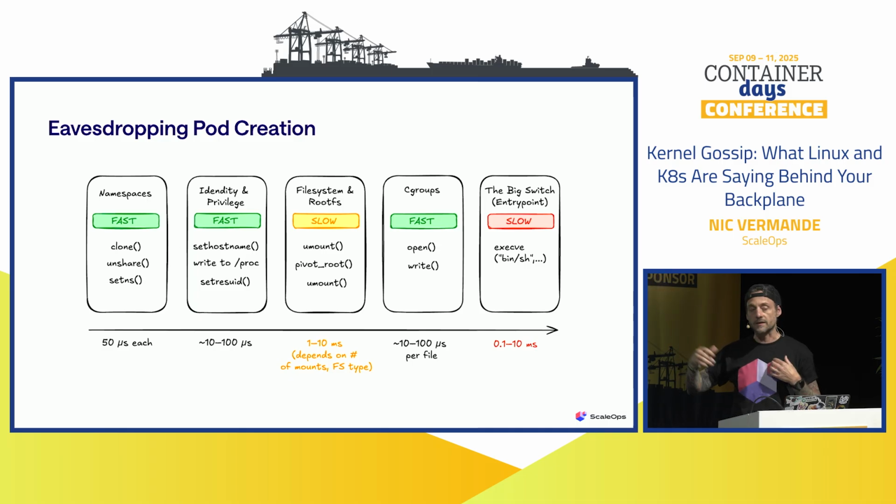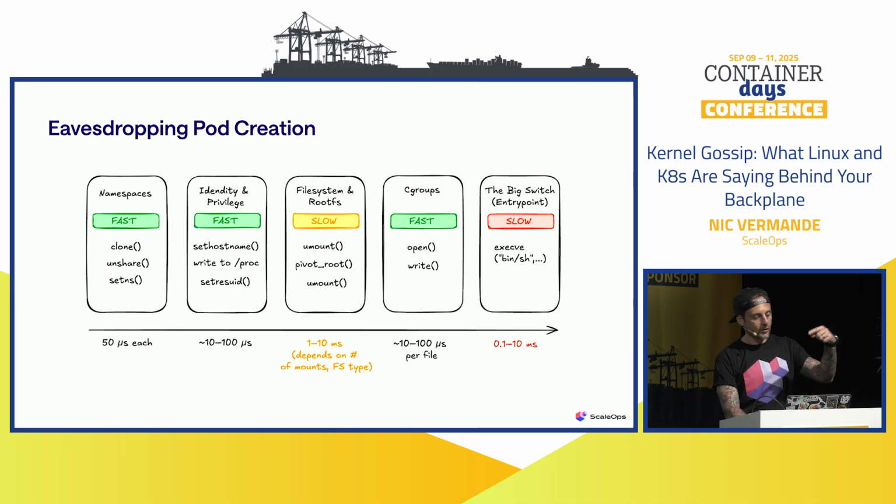The first thing is, when you create a container, the system is going to create multiple namespaces. We have the PID namespace, which is isolating the process tree. Then you have the UTS namespace, which is not time, but just the container host name. We have the IPC namespace for inter-process communication. We have the mount namespace, the network namespace, the user namespace. All of that will have their own clone and unshare syscalls.